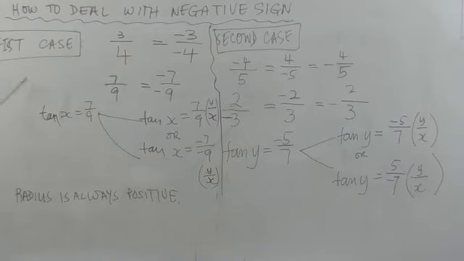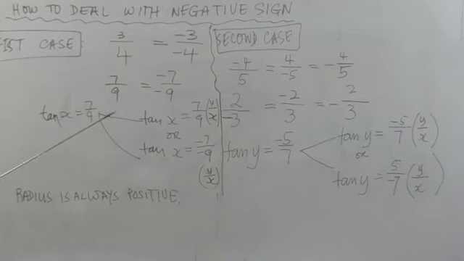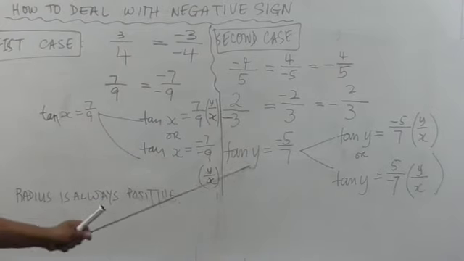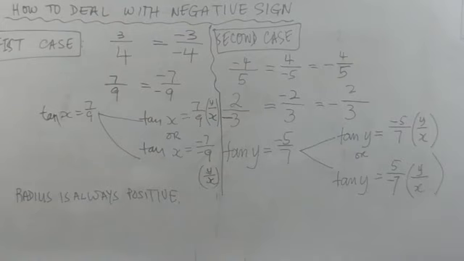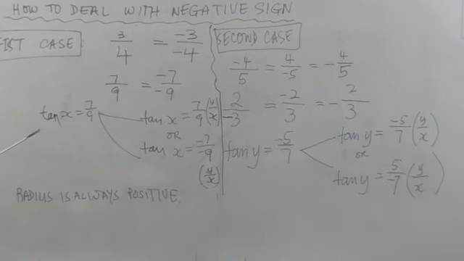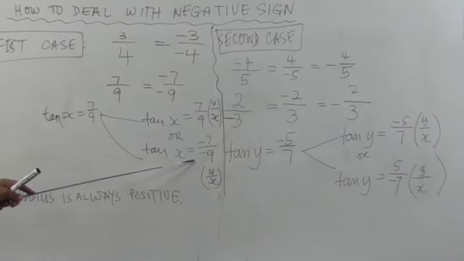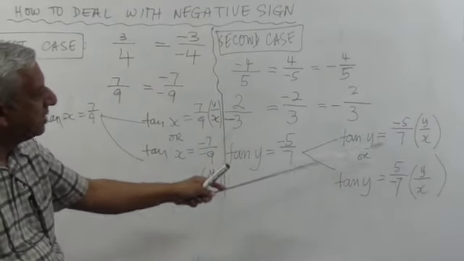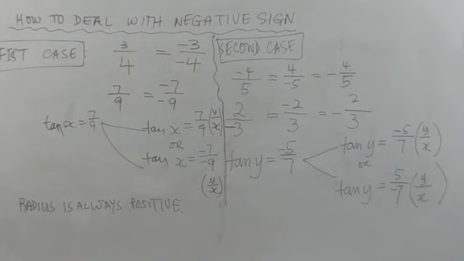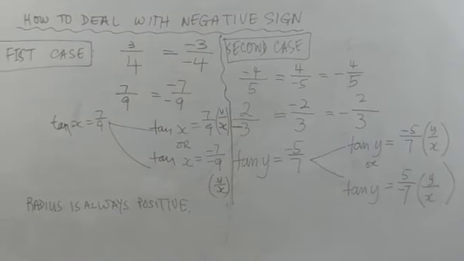So that's how to deal with the negative sign. You must remember, from one ratio you can get 2. That's what we are trying to show you, simply by introducing the negative sign or by shifting the negative sign. Okay, alright, so with that we come to the end of this session.